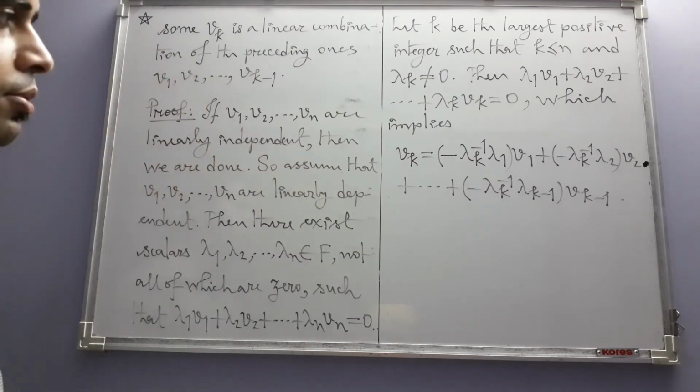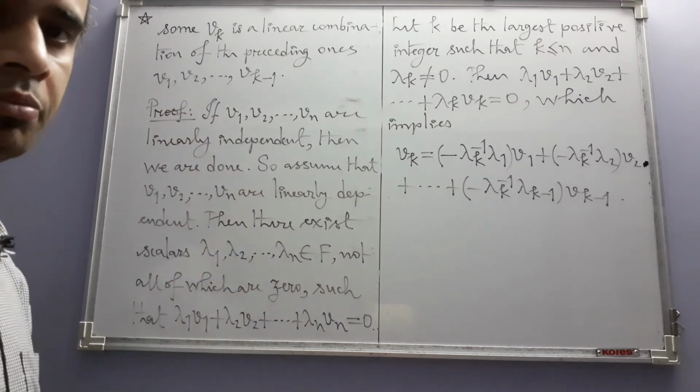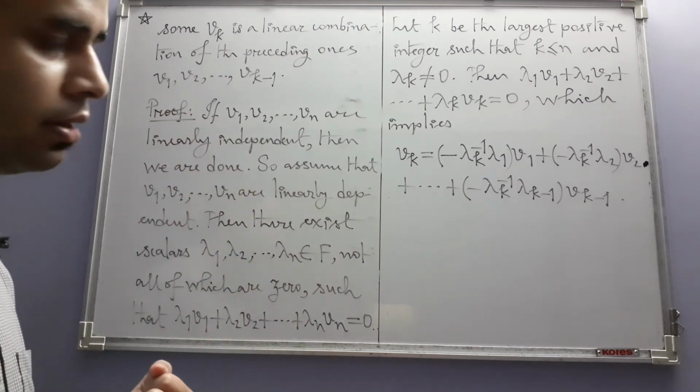So that's how vk is a linear combination of the vectors that appear before it in that list.